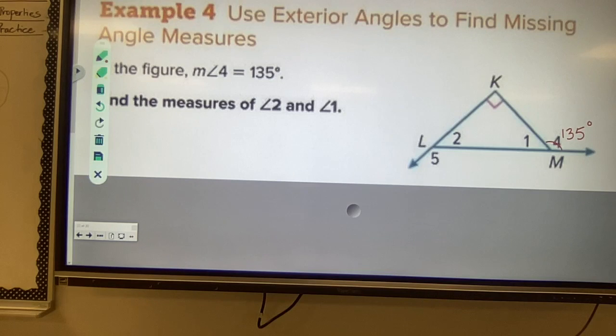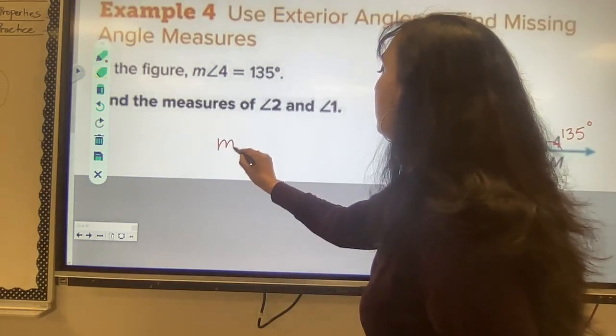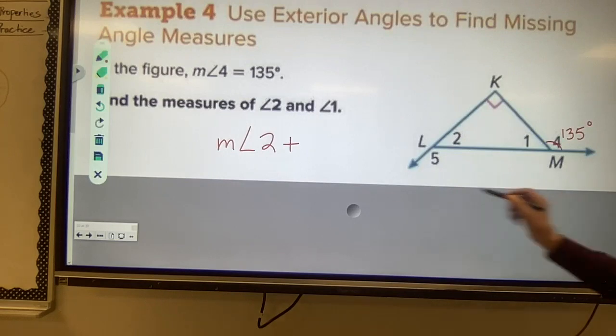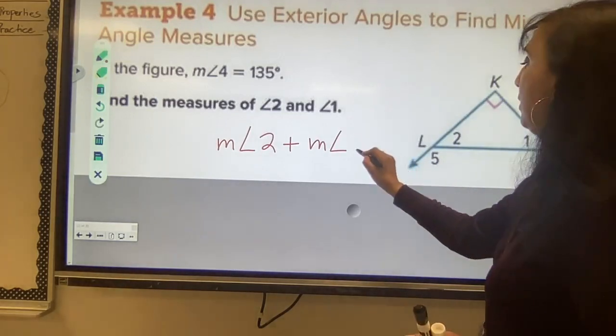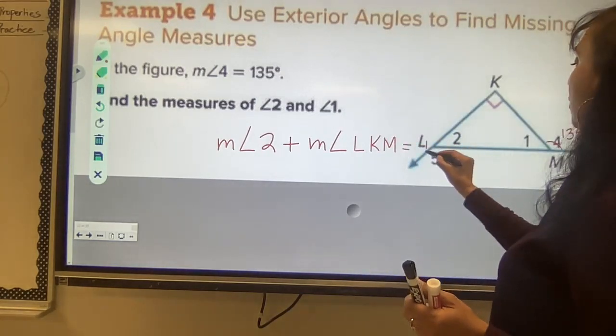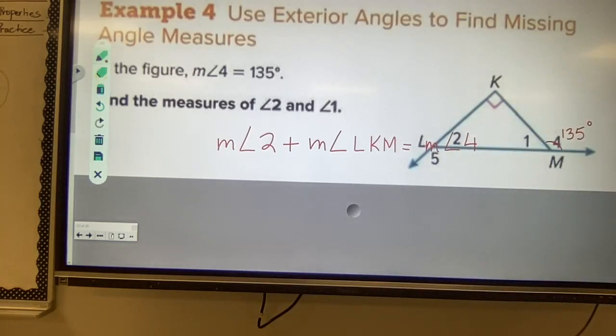Now we know that the measure of angle 2 plus the measure of angle LKM is going to give me the measure of angle 4, because the sum of the two remote interior angles is equal to the exterior angle.